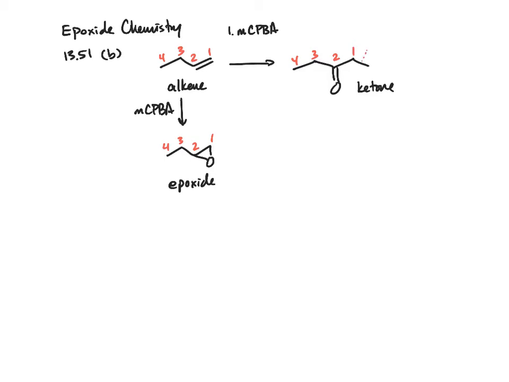Where I'm drawing the dotted line, that's where I have to make a new bond. I'm set up to do that now by treating with a Grignard reagent, methyl magnesium bromide, because an epoxide is an electrophile.